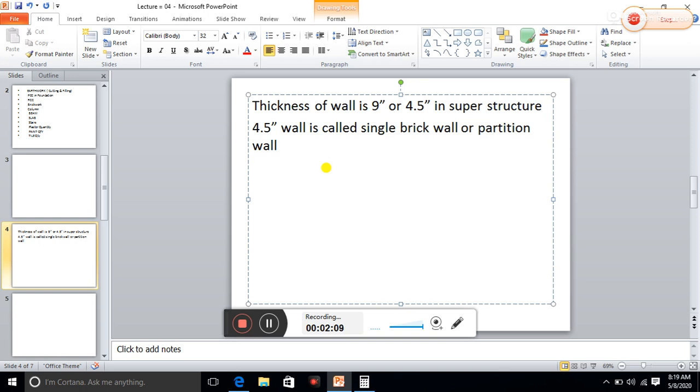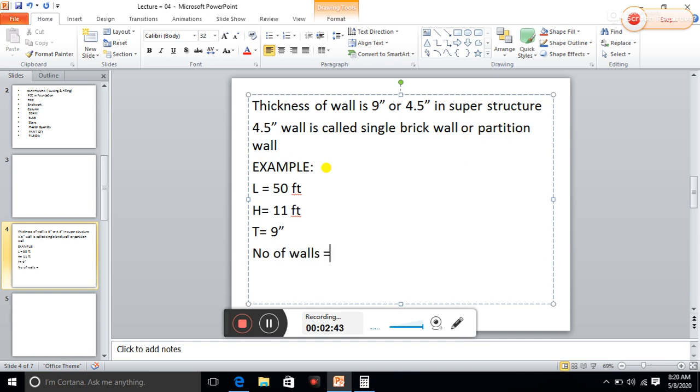Now we will do an example. For example, we have a wall of length equal to 50 feet and height equal to 11 feet, and thickness or breadth equal to 9 inches.